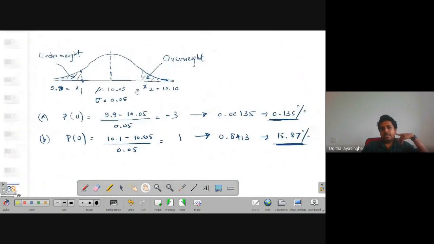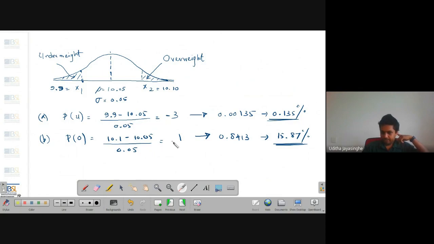Okay. So the underweight percentage, PU, I just put as some symbols. PU is going to be 9.9. Now this is the value for the underweight margin, 9.9 minus 10.05, this is the mean, divided by 0.05, this is the standard deviation. And the answer I'm going to get is negative 3.00. If I do the same thing for probability of overweight, 10.1 minus 10.05 divided by 0.05, positive 1.